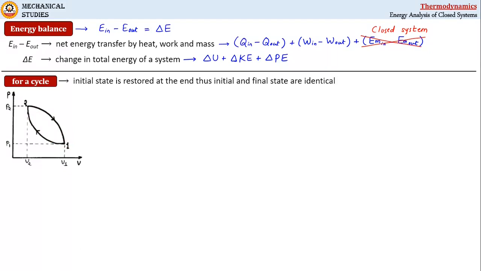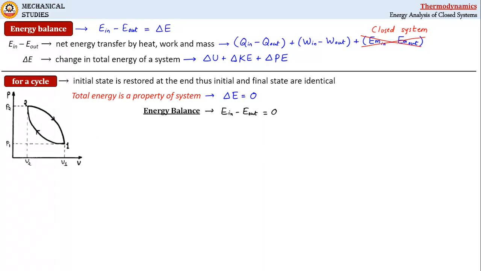Now here total energy of the system is also a property of system, and that's why we can write for entire cycle delta E equal to 0 as initial and final conditions are identical. So change in total energy over the entire cycle will be 0 here. Thus here energy balance can be written as E in minus E out will be equal to 0.